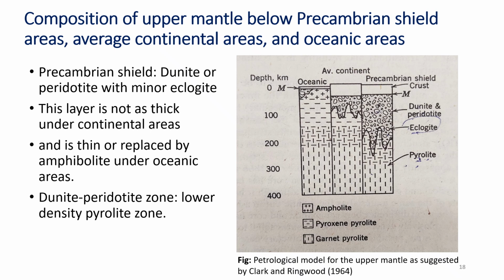This layer is not as thick under the average continental areas, and it is thin or replaced by amphibolite under the oceanic areas. Beneath the dunite peridotite zone, there would be a lower density pyrolite zone, and evidence for such a region is found in the low velocity seismic zone, which is observed below 100 kilometers.